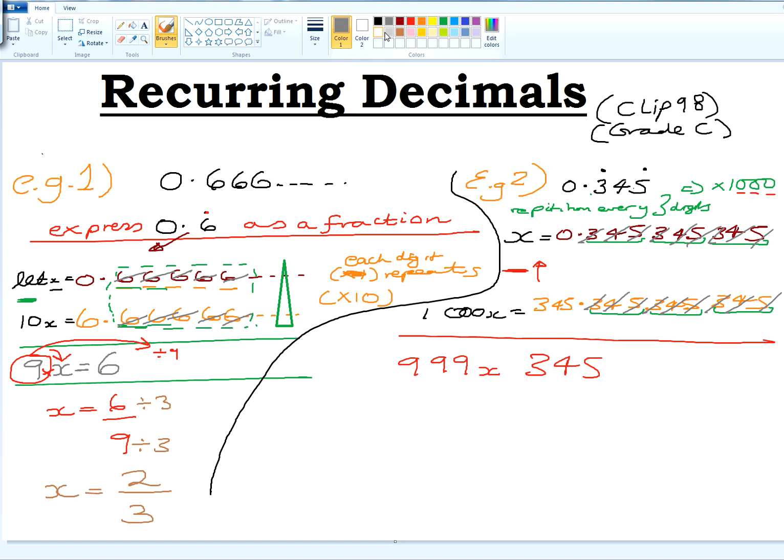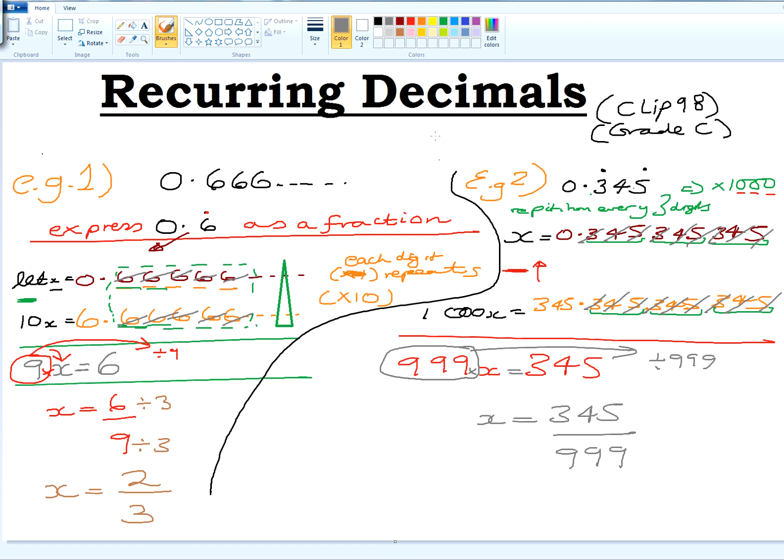Now in order for us to work out the value of x, what do we do with this here? Opposite: times by 999 is divide, so we can say x is equal to 345 divided by 999.